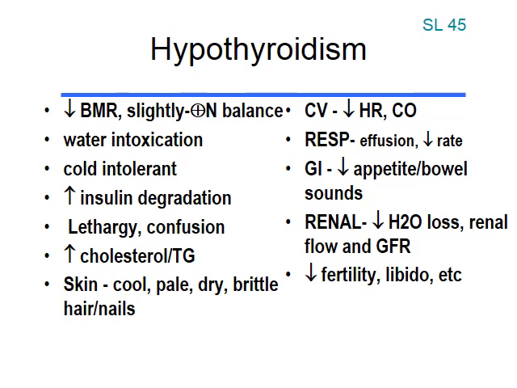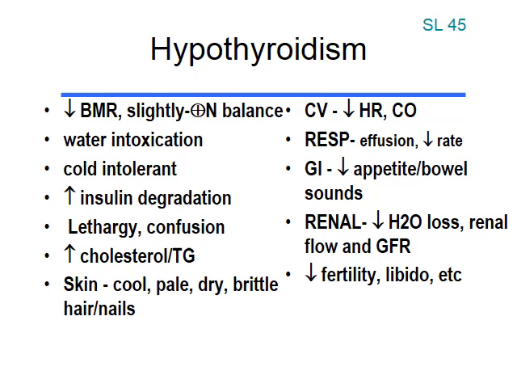Now, in hypothyroidism, decreased basal metabolic rate, there might be a slightly positive nitrogen balance. We might get effects on the kidney that lead to water intoxication. The patient becomes intolerant to cold. They always feel cold. They might be lethargic or confused. Their skin is pale.